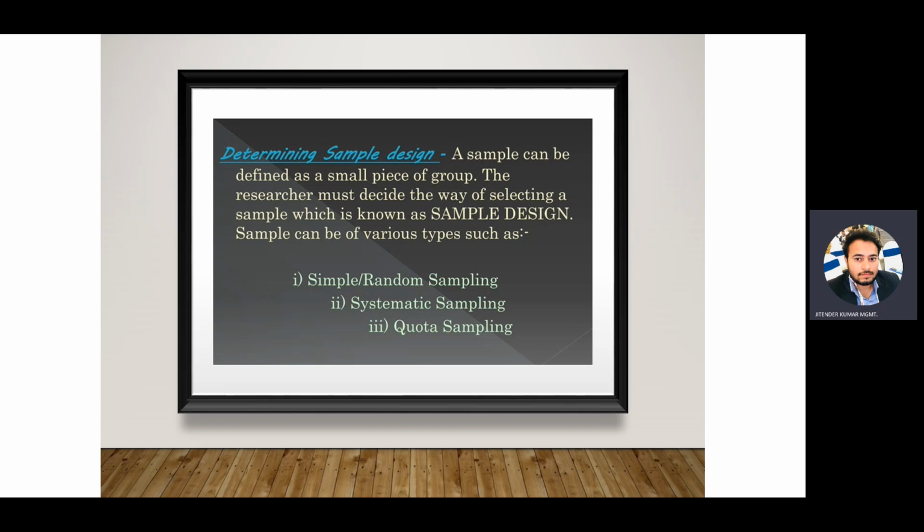In quota sampling, we have some specific categories in which you are not selecting all, but selecting in some slot, in the quota sampling, right?